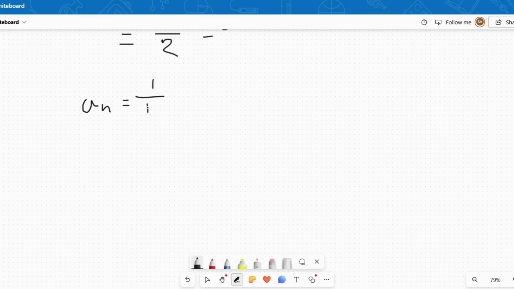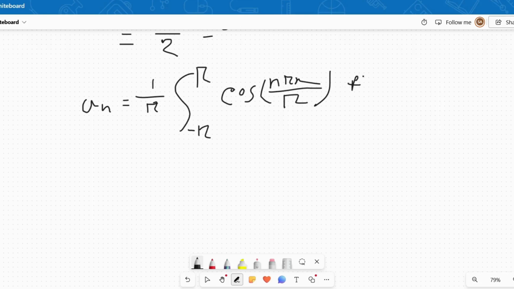So 1 by L means 1 by pi, integral from minus pi to pi of cos(n pi x divided by pi) f(x) dx.